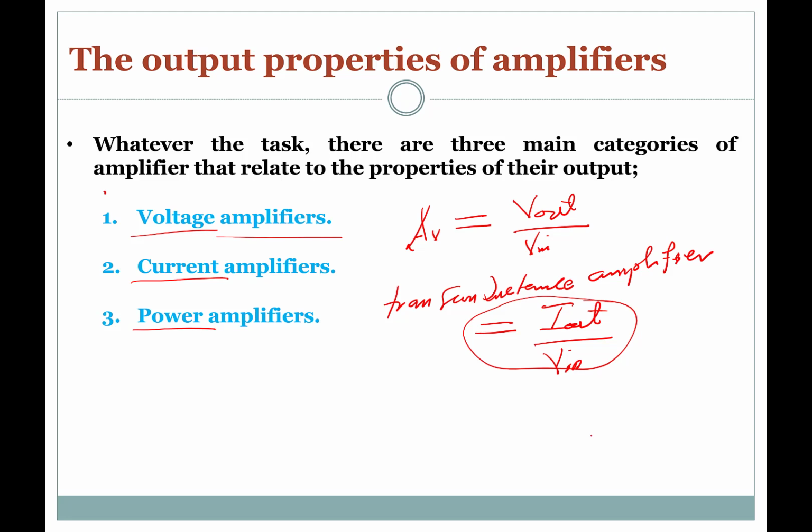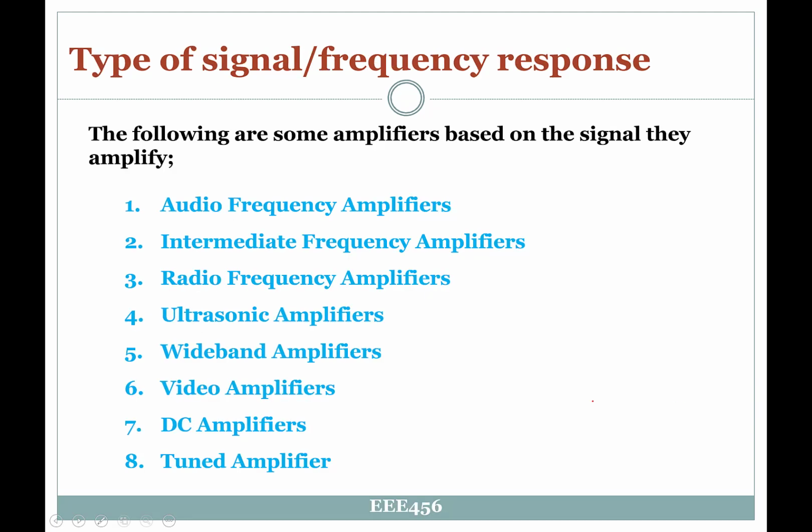Okay, all right. Now, when it comes to types of signals, amplifiers can also be classified depending on the type of signals. One way to describe an amplifier is by the type of signal it is designed to amplify. This usually refers to the band of frequencies that the amplifier will handle, and in some cases, the function that they perform within an electronic circuit.